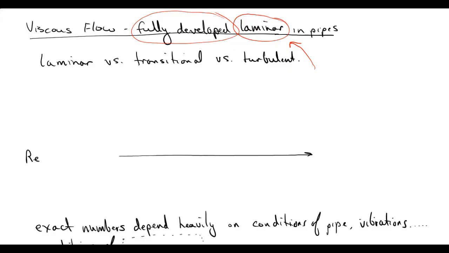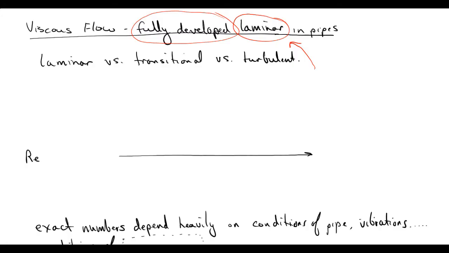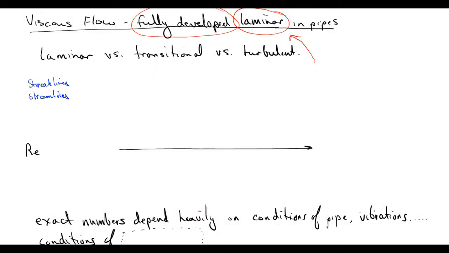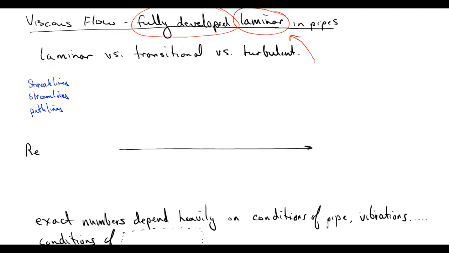We know for laminar flow that streak lines, streamlines, and path lines all overlap, right? So streak lines equal streamlines, which equal path lines. These all overlap because laminar flow is steady. The path that a particle would take in laminar flow is the same that another particle would take when released from the same spot.